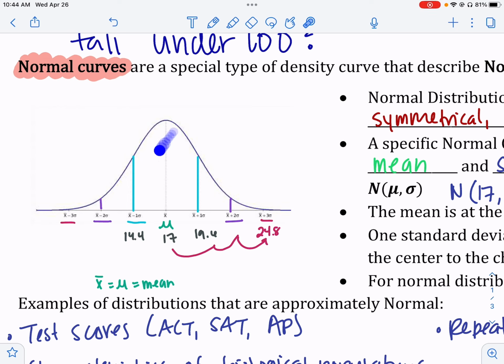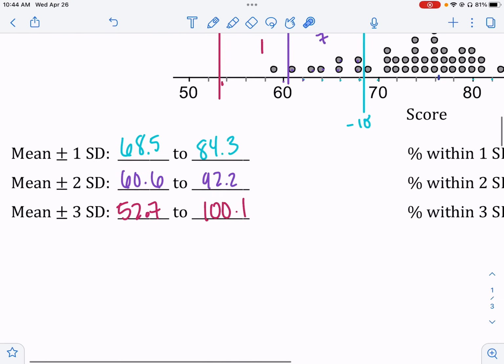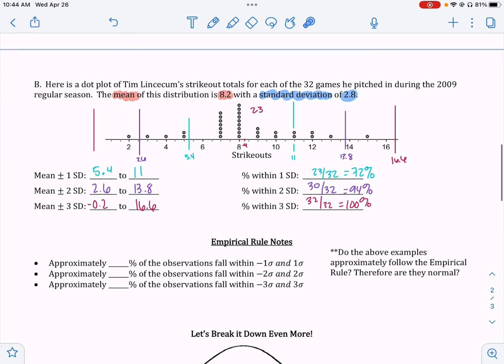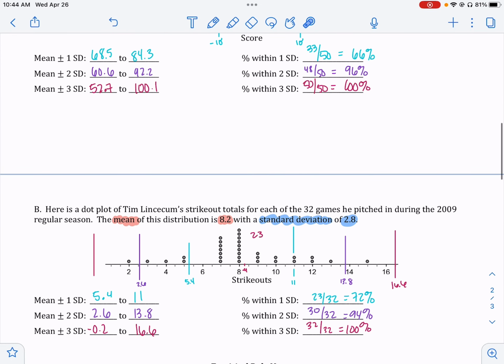Well, the percent of data that falls into each of these categories is known as the empirical rule. The empirical rule tells us how much data falls in each of these categories for data that is normal. So normal and the empirical rule go together. So I said both of these were approximately normal.